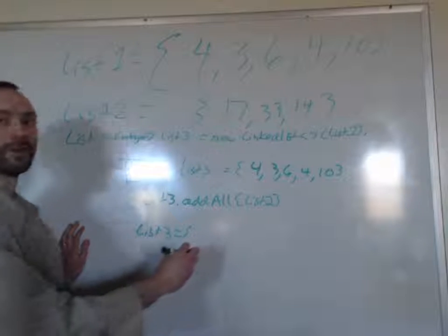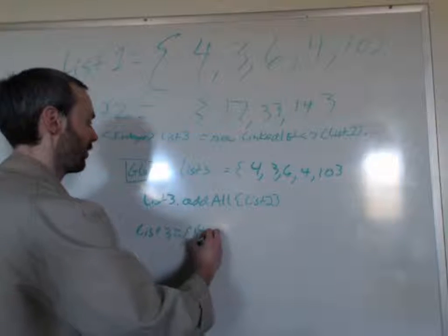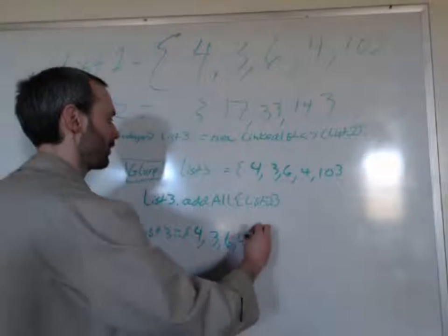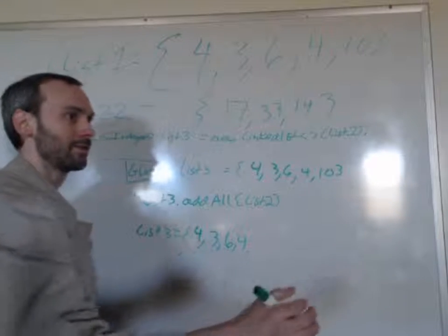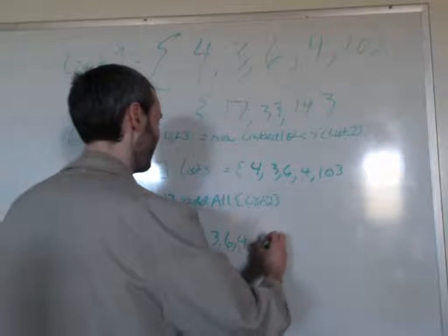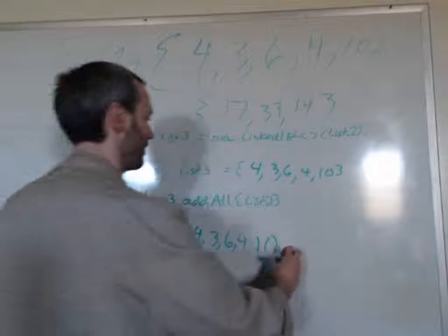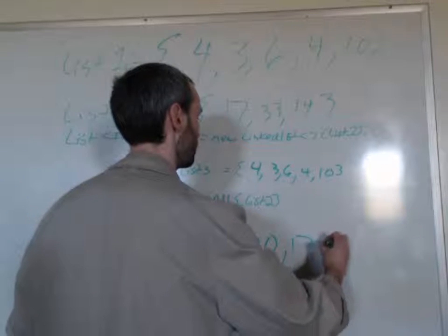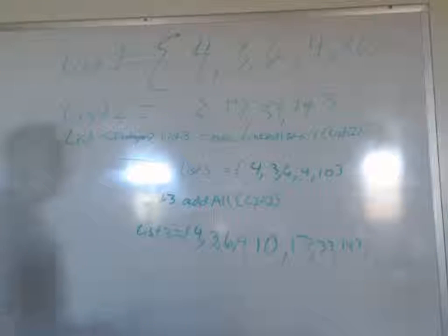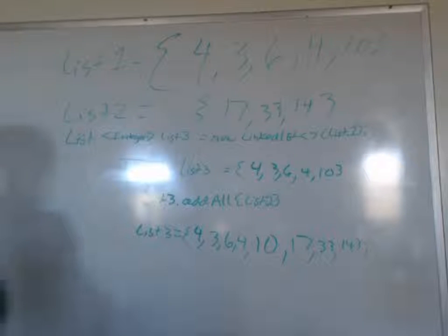What will be the first number? 4. 10, all right. 17, all right. 14. All right. Any questions? Great.